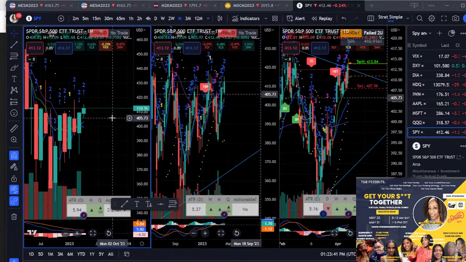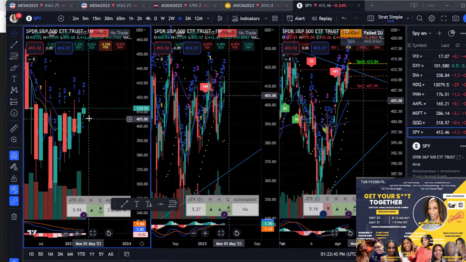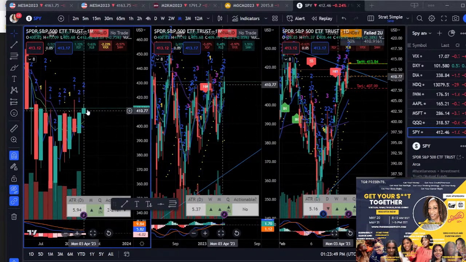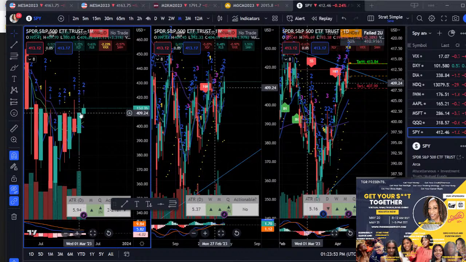So as of now, it's held that. We did wash below a little bit, but they bought it right back up. They're buying the dip. So right now we have that full time frame continuity. We have this 2 down in force, 2 down, 2 up in force, and so our magnitude there is 418.